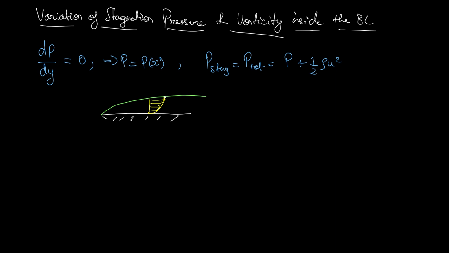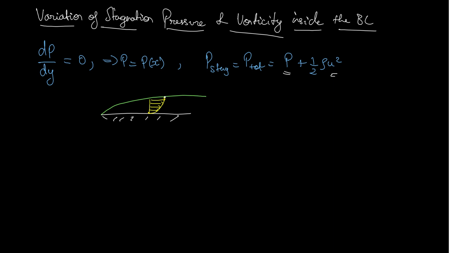And hence, even though the static pressure remains constant in the vertical direction, the stagnation pressure varies because of its dependency on the flow velocity, which is u square. And we can find out this variation by finding the function for u and then taking a derivative with respect to y and so on. I'm not getting into the mathematical part here.